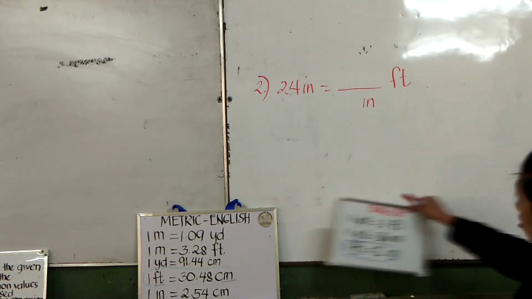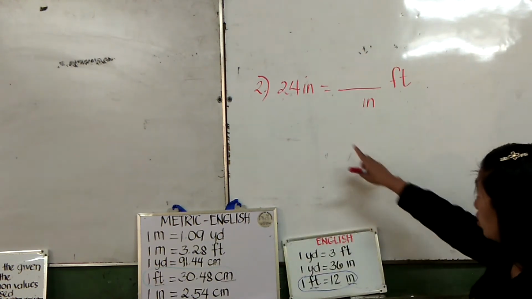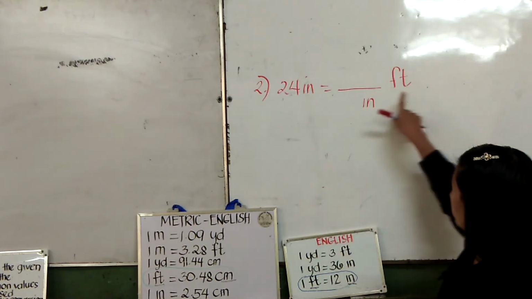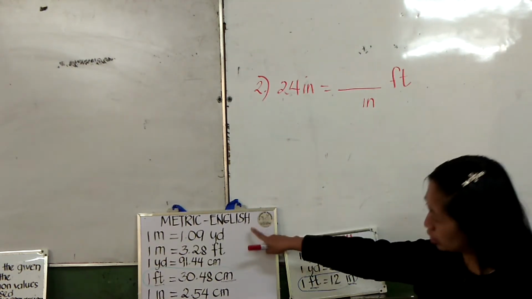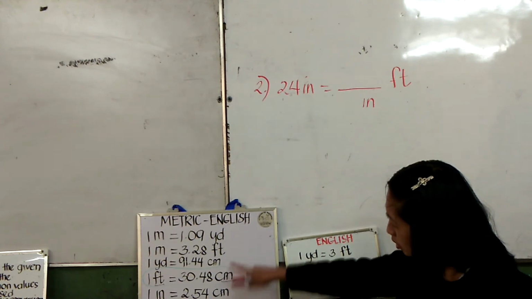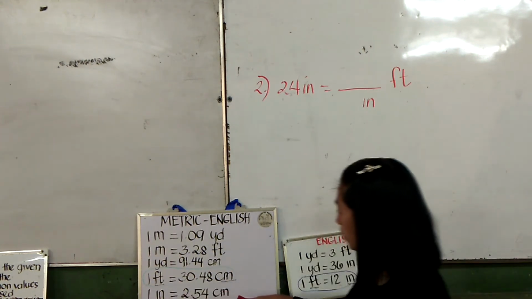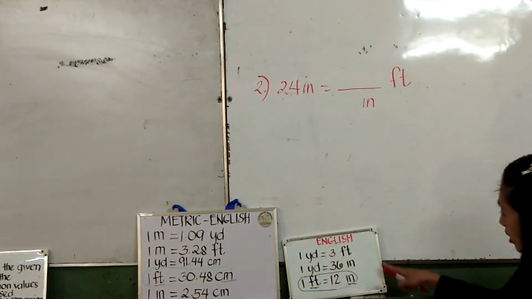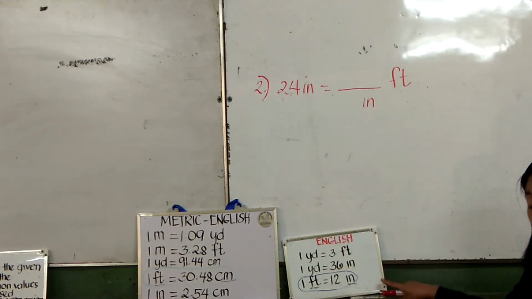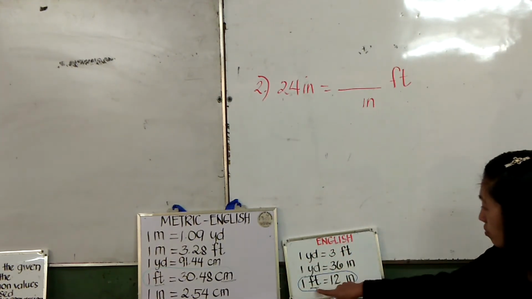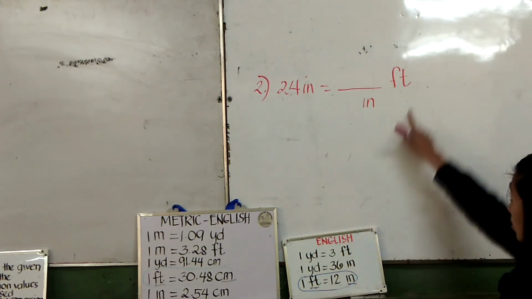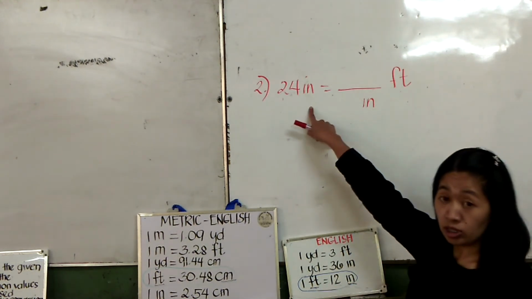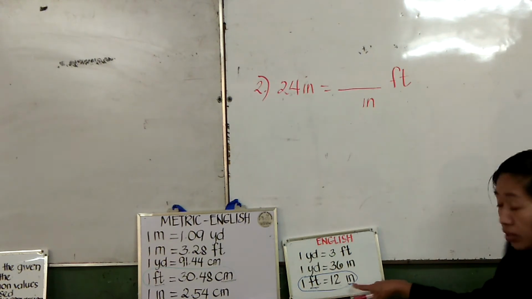Since we will locate inches and feet, if you use this one, there is no inches and feet because this is inches and centimeter, feet and centimeter. So we'll find it here on the English measurement. There is feet and inches, so we will use this table.